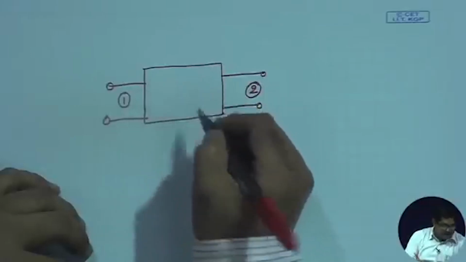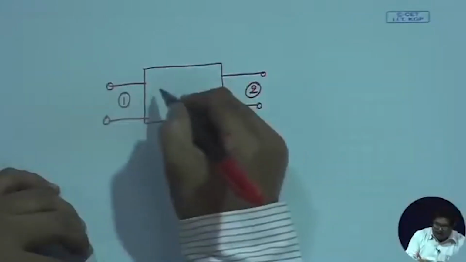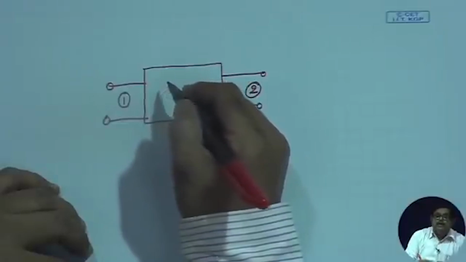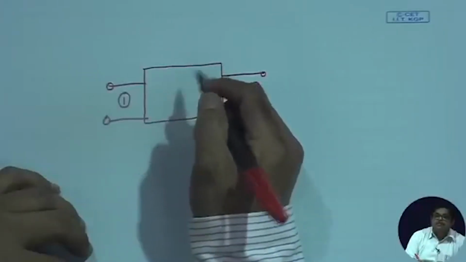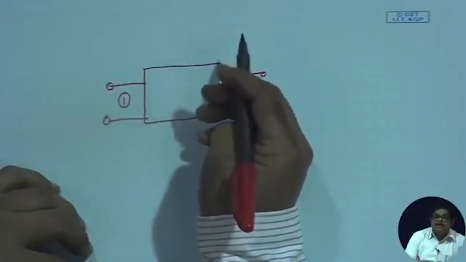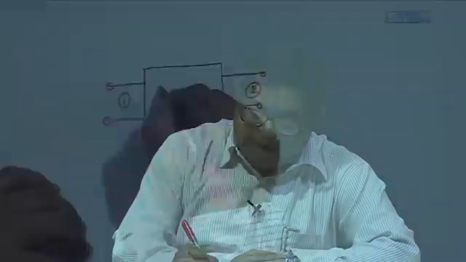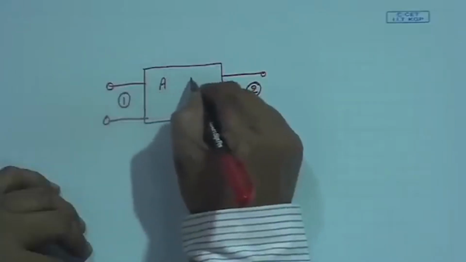You know that any two-port electronic network can be described by several parameters, either Z parameter or Y parameter or H parameter or G parameter, etc. Also, you know that there is a parameter called ABCD parameter, which I take here. Why?